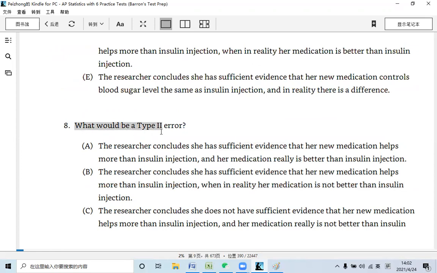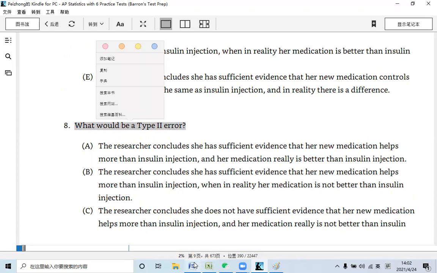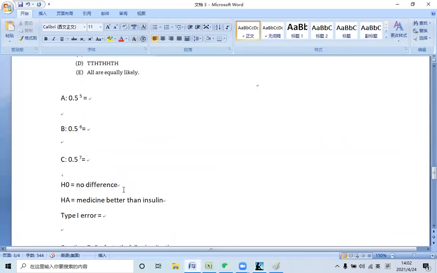What would be a type 2 error? Again, you go back to the no hypothesis versus the research hypothesis. The no hypothesis is no difference. Type 2 error is that when this hypothesis is not true, when there's indeed a difference, but you don't reject the null hypothesis. When there's indeed a difference, your result shows that there's no real difference.